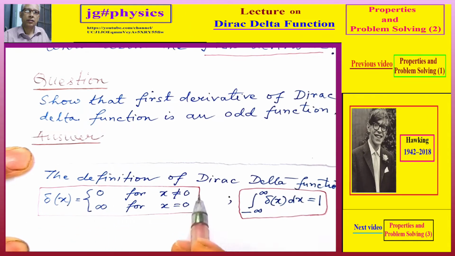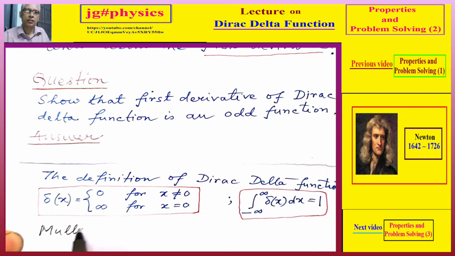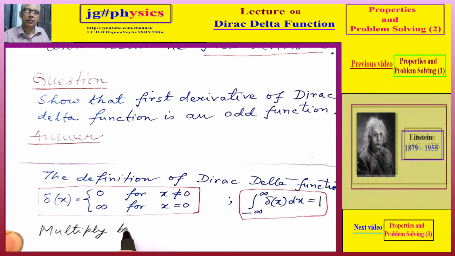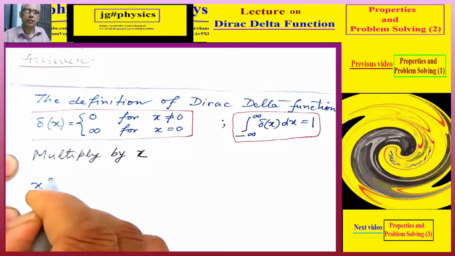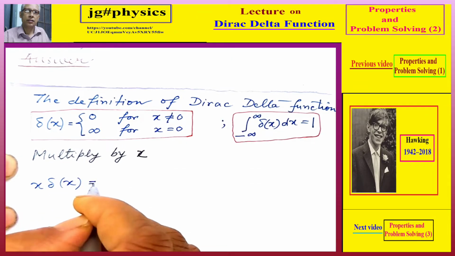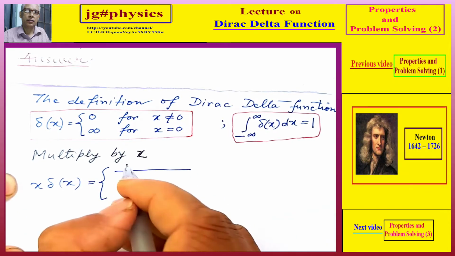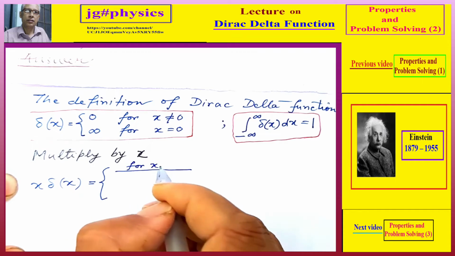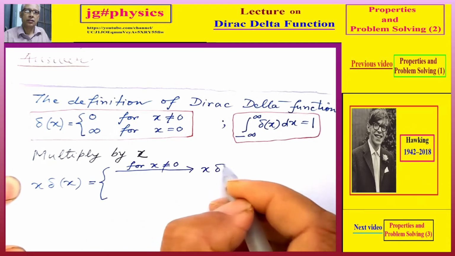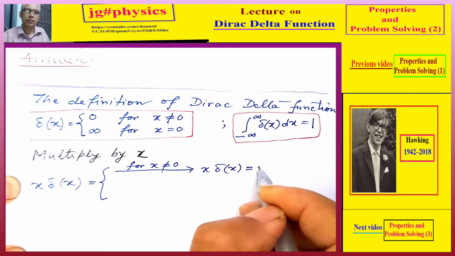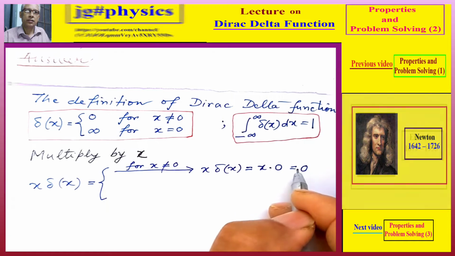We now multiply by x, and this gives the left hand side to be x into Dirac delta of x, which is equal to, for x not equal to 0, x into delta x, x not equal to 0 multiplied by 0, because Dirac delta is 0 for x not equal to 0.